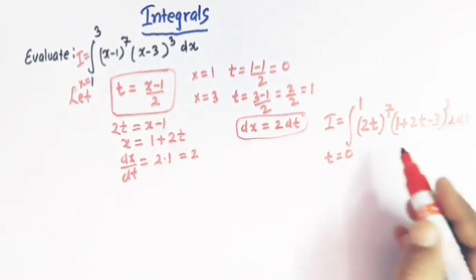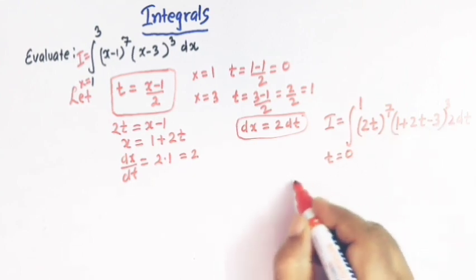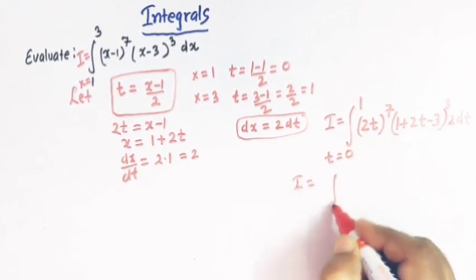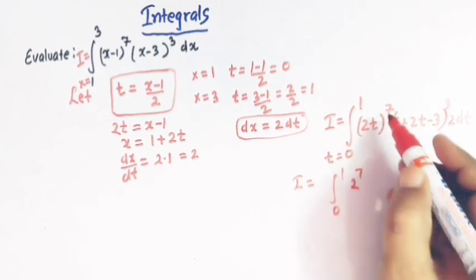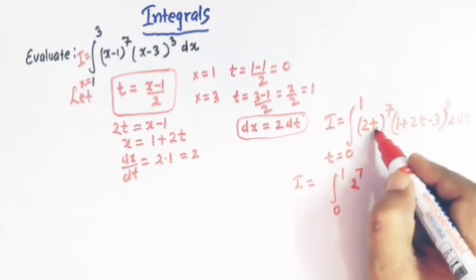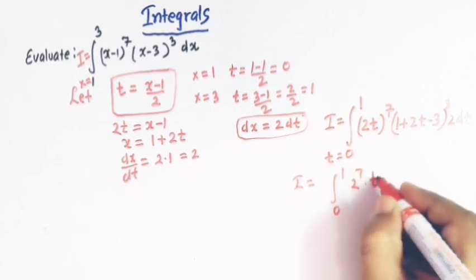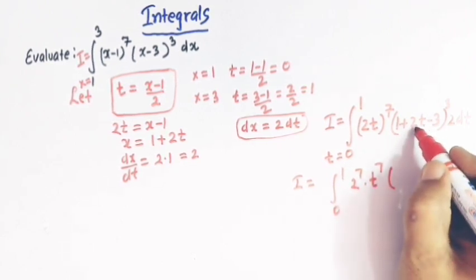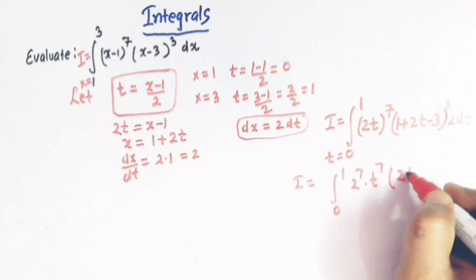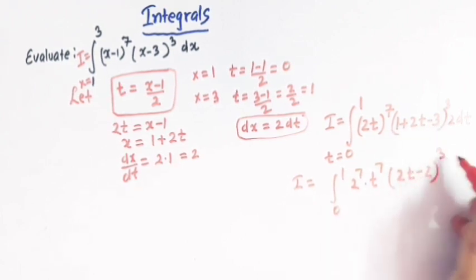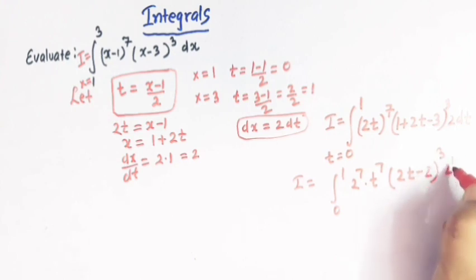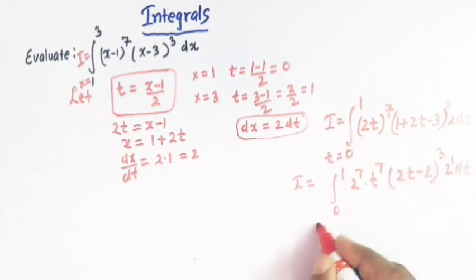Okay, so now we can simplify this integral, and here we have 0 to 1, here we have 2 raised to 7, so distributing the power, here we have t raised to 7, then here we have 2t, and 1 minus 3 is minus 2, all raised to 3, and this is 2 raised to 1 dt, right?